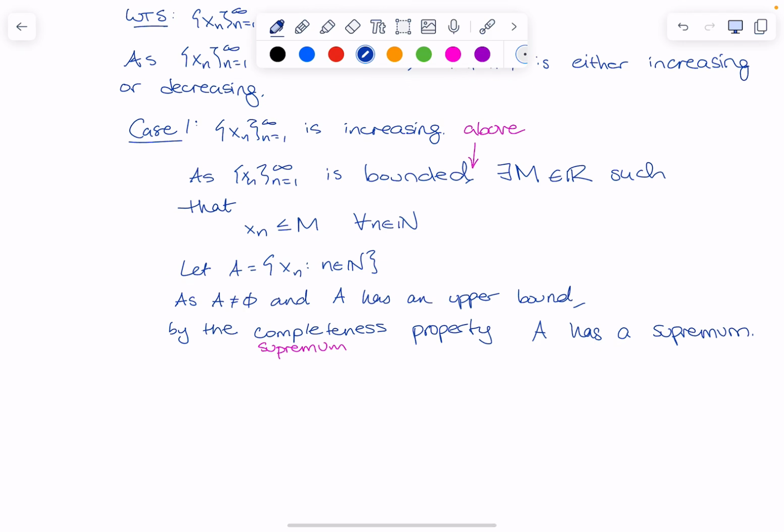So let x equal the supremum of our set A, and let epsilon be greater than 0. We're going to consider x minus epsilon, which is less than x.